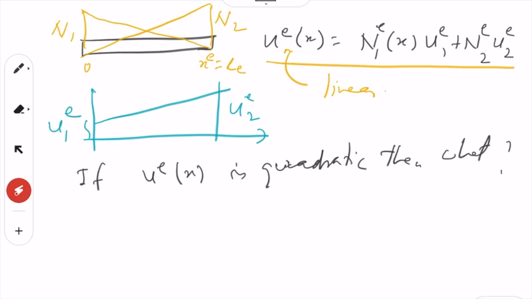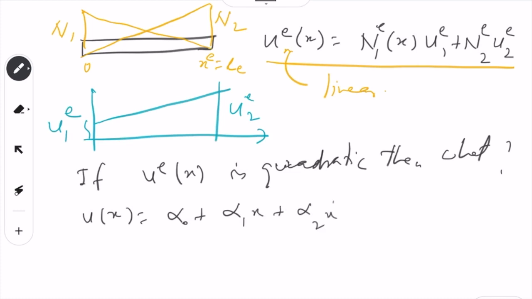So if we had to do it the original way, we would write something like this: u(x) equal to alpha naught plus alpha 1 x plus alpha 2 x square. So we have 3 unknowns.